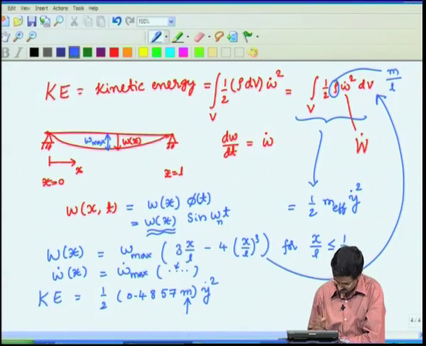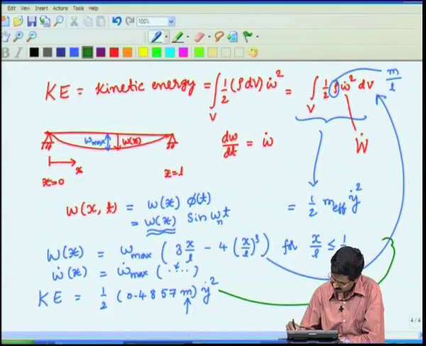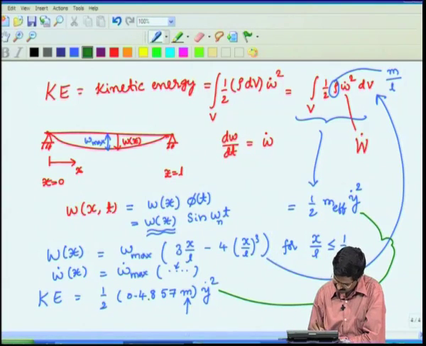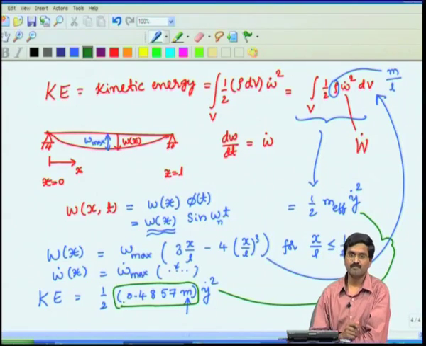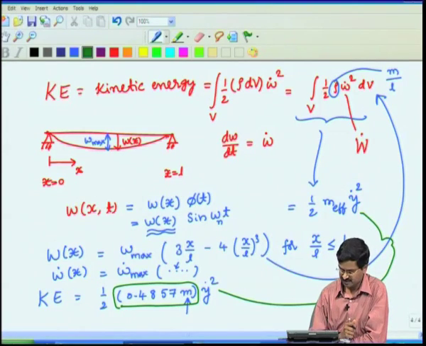Now, if we take this KE and see that it should be equal to this, then this quantity here becomes our m effective. So, m effective is 0.4857 times the mass of the beam.